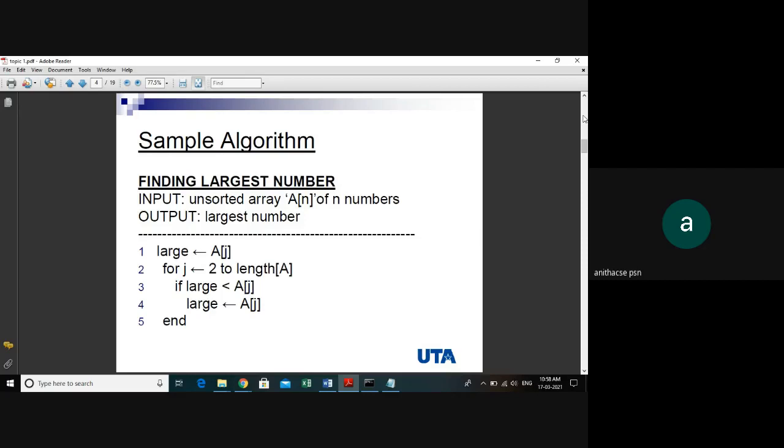So the first point of this algorithm is finding the largest one. From the given n numbers, we have to split the numbers and first find the first number. We have to follow a loop, iterations to complete each and every number.